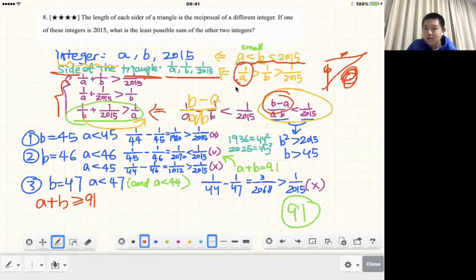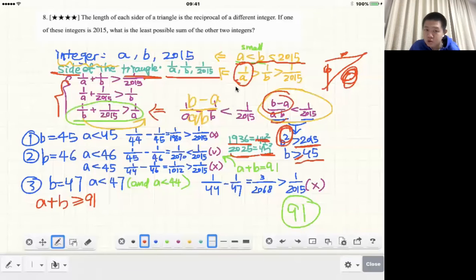So that means a times b, in this case b squared, would be greater than 2015. You might know that 44 squared is 1936 and 45 squared is 2025. So that means b should be greater than or equal to 45.